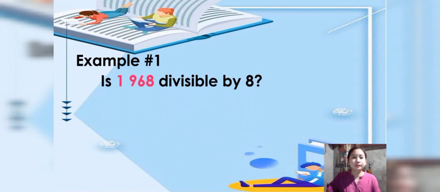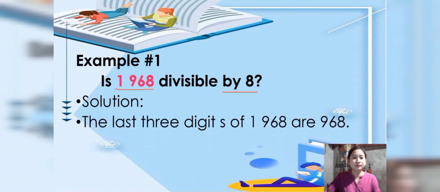For example, 1968. Is it divisible by 8? Let's find out. The last three digits of 1968 are 968.